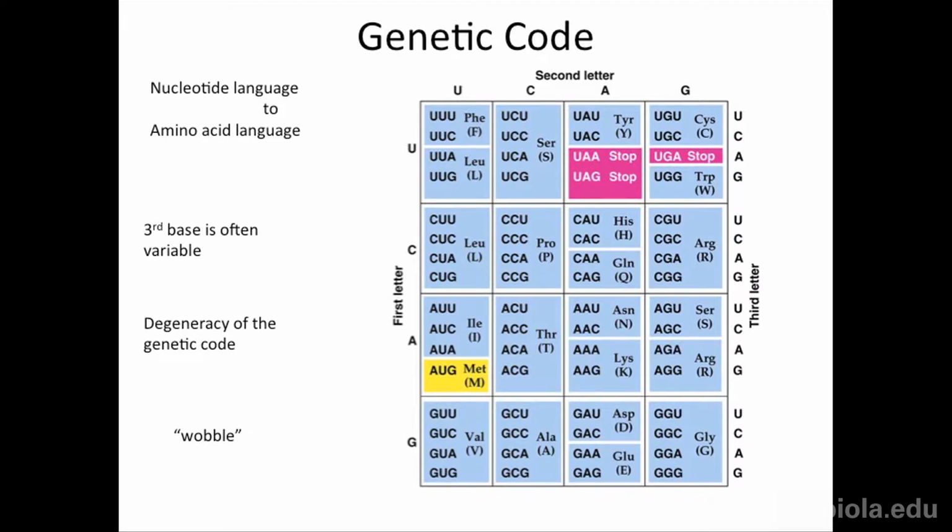There are actually multiple genetic codes. NCBI, the National Center for Biotechnology Information, has a list of all the versions of the genetic code. Some bacteria, archaea, mitochondria, a bunch of different organisms actually have slightly different genetic codes.